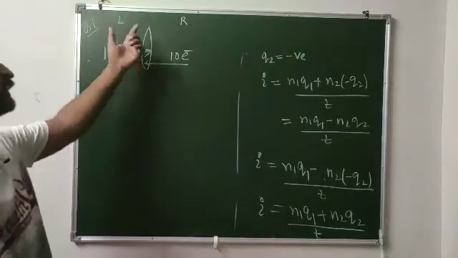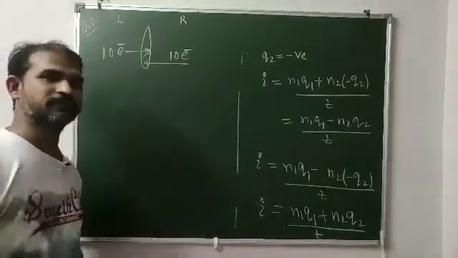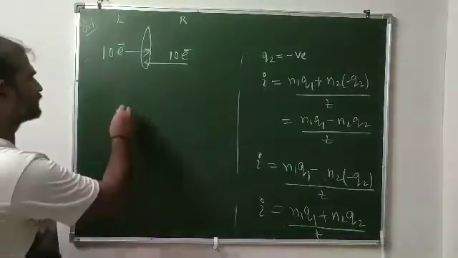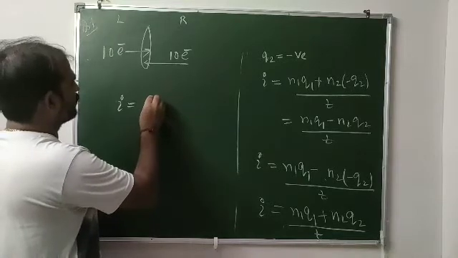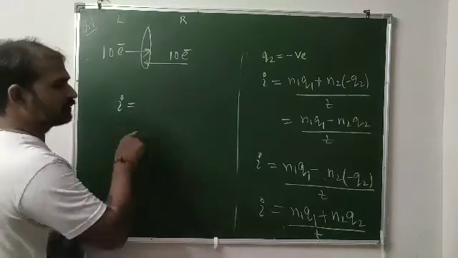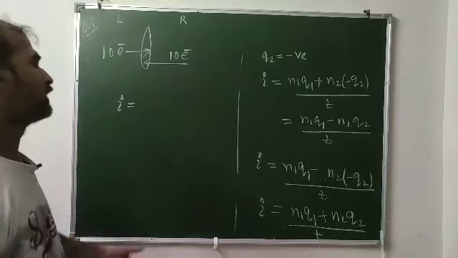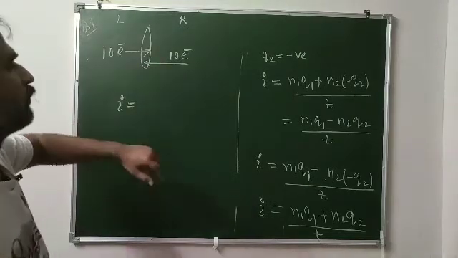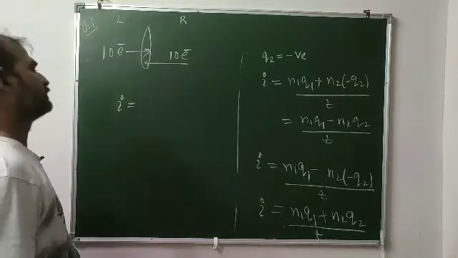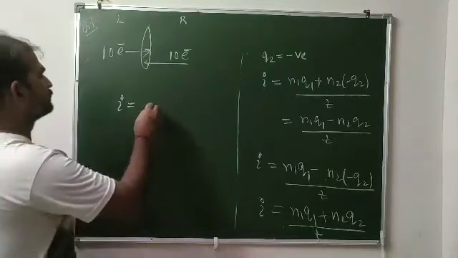Then how much electric current will pass through it? See students, we have read that if the same charges are passing a cross section of wire in opposite directions, then they will subtract.